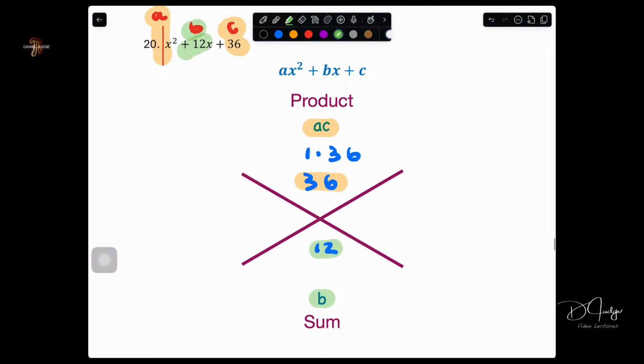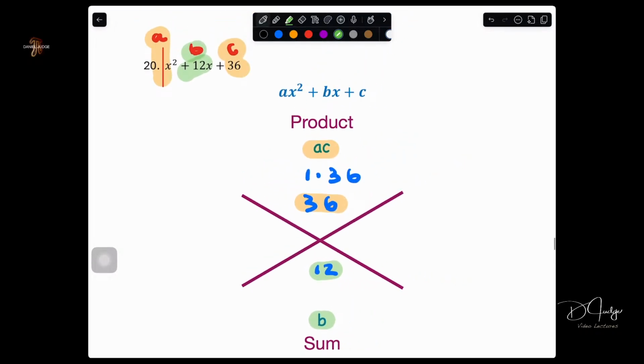So this becomes an exercise again in finding two numbers. The product will be 36, and your sum is 12. So we have to think about a pair whose product is 36 and whose sum is 12.